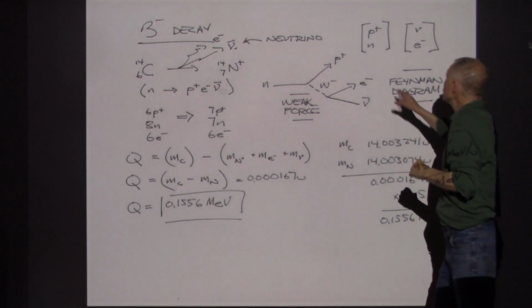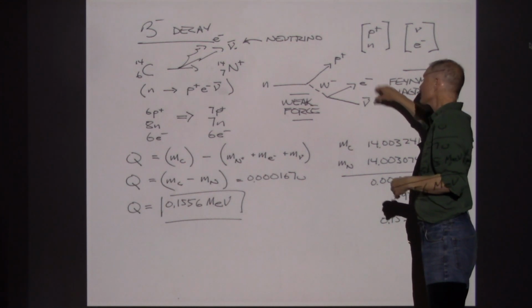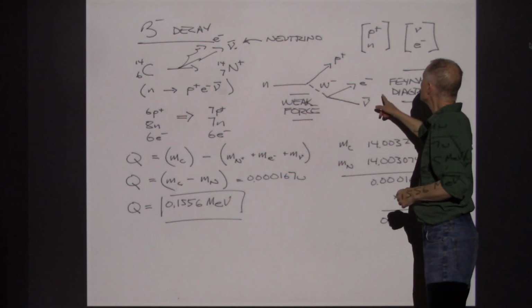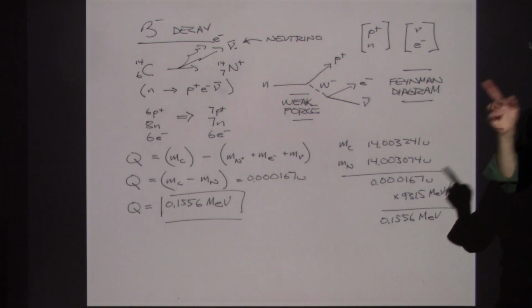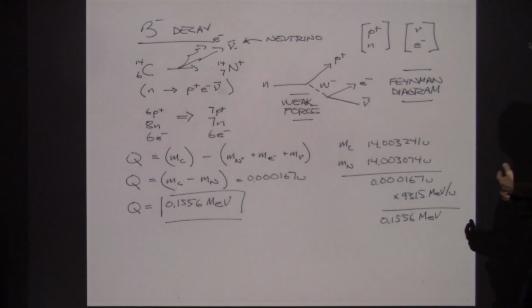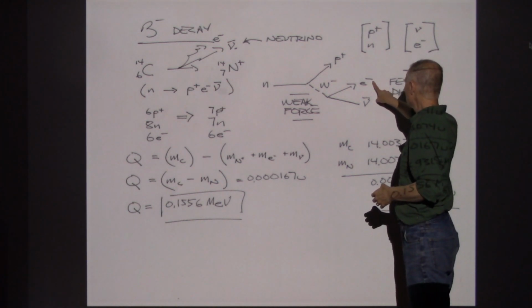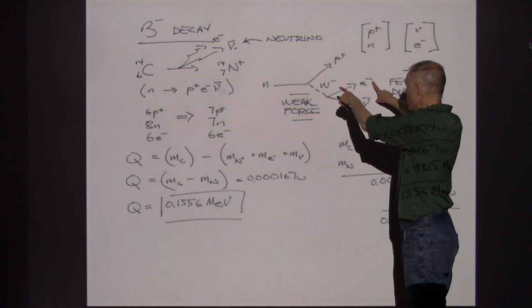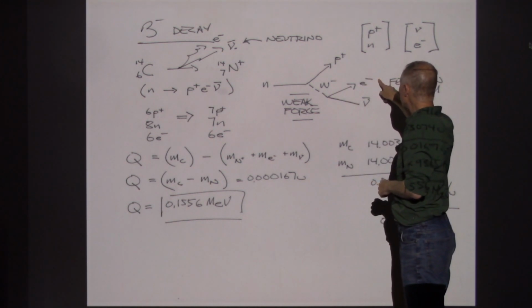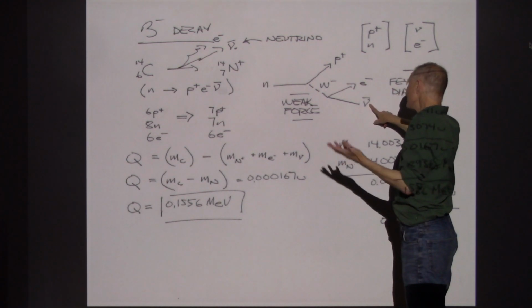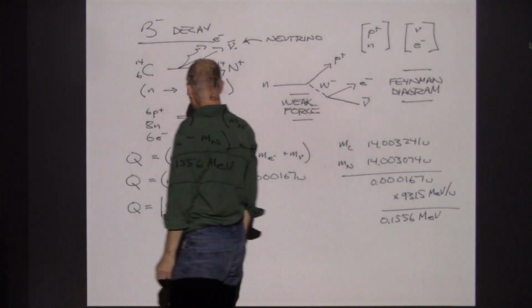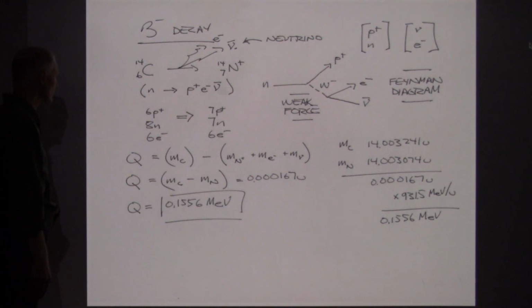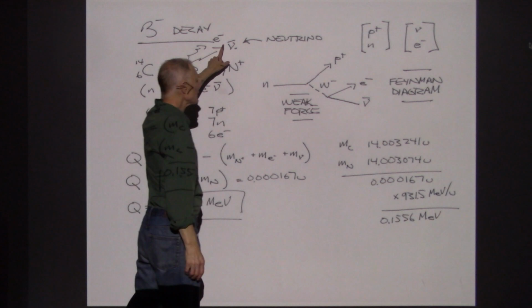So I can't produce one of these particles by itself. That's one of the rules that nature has. At the fundamental particle level, you end up producing a particle-antiparticle pair, and so we produce an electron that balances the charge. This is a plus charge, this is a minus charge, and that means this is an antineutrino that ends up being formed. It's an antiparticle. So I've got to include the neutrino.